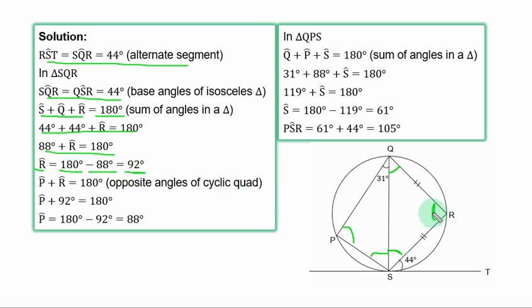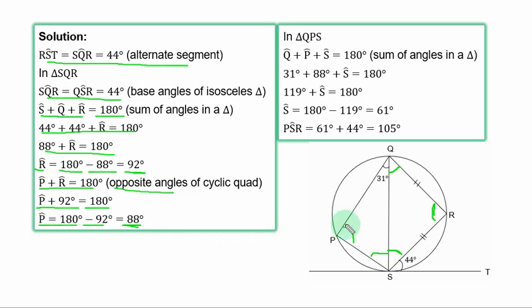Now that we know this angle, we can get this angle because their sum is equal to 180 degrees. So angle P plus 92 degrees is equal to 180 degrees, and angle P becomes 180 degrees minus 92 degrees, and that is 88 degrees.